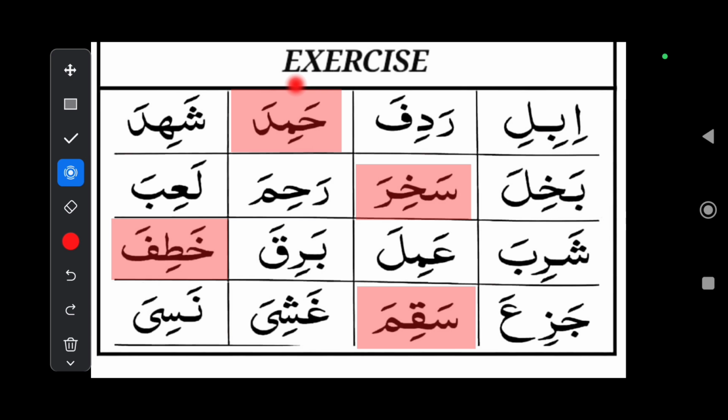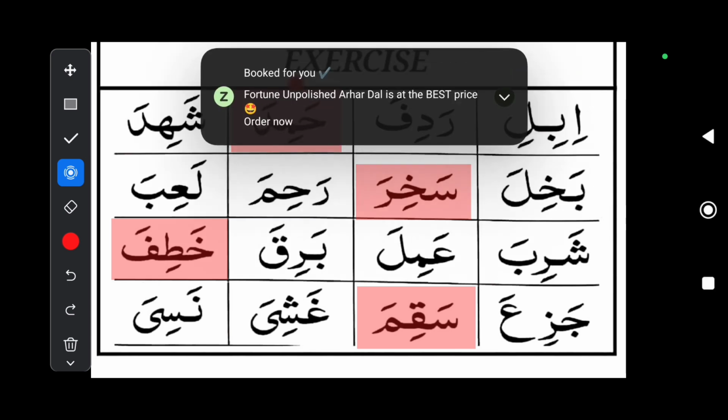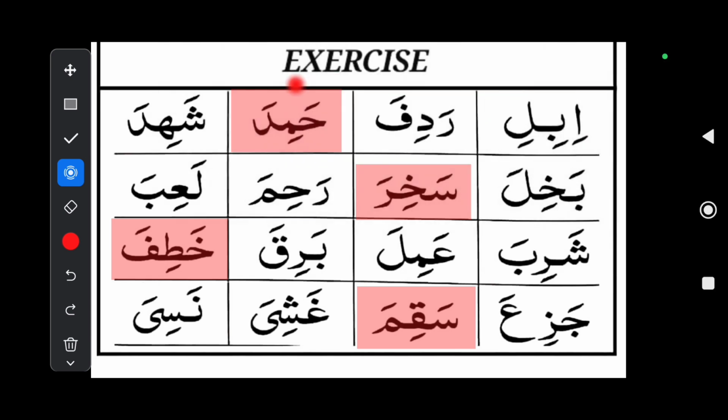Ha. See, when you drink cold water in this summer, after drinking cold water we say ah. Take out that sound. That is ah, but here you have to take out ha.